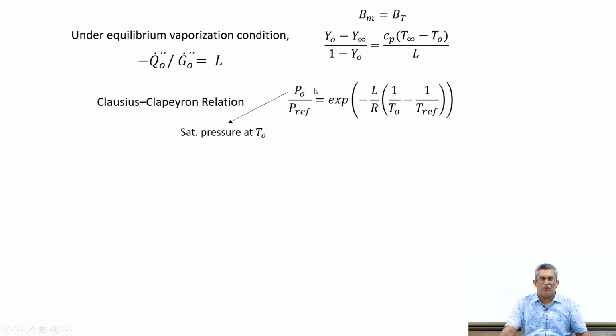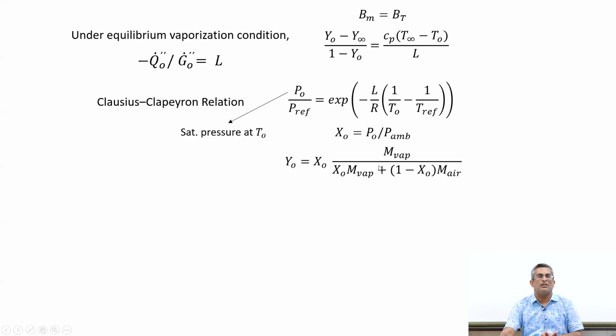So, from there you get the P naught. Then we can calculate the mole fraction as the saturation pressure divided by the total pressure, and in this case total pressure is ambient pressure. So, you get the mole fraction. Once you get the mole fraction, you can get the mass fraction.